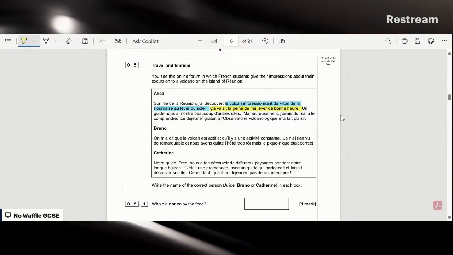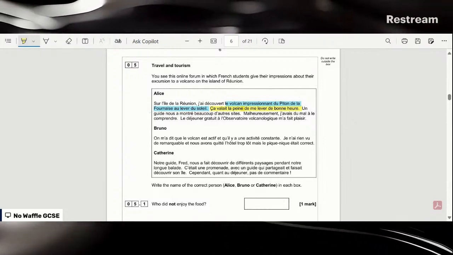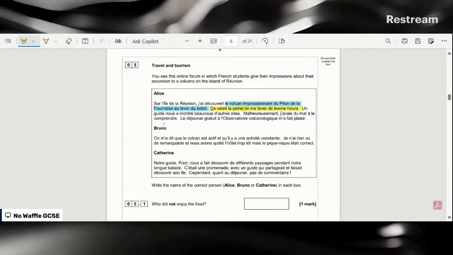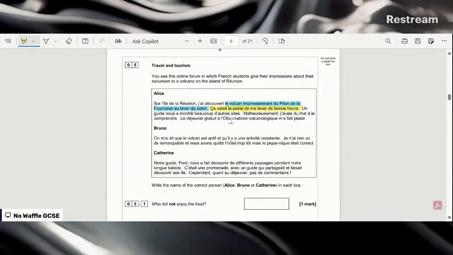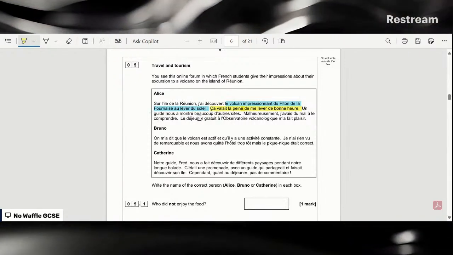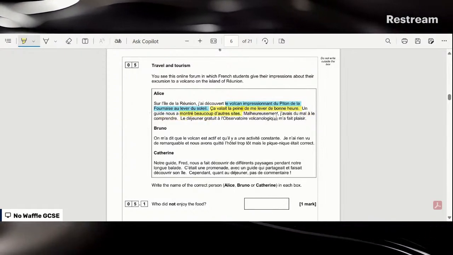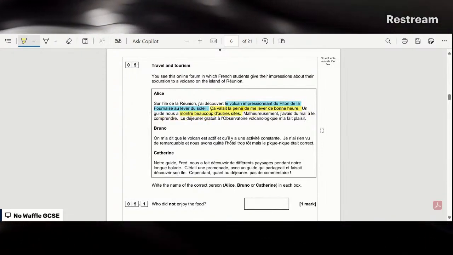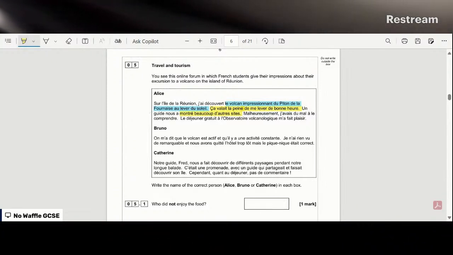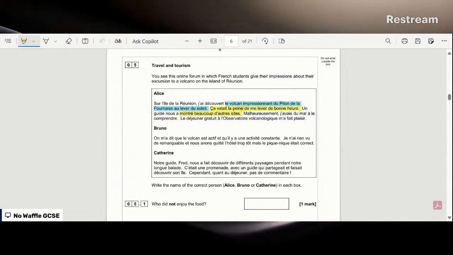Un guide nous a montré beaucoup d'autres sites. So our guide says a guide was that we watched it often. So it was shown a lot, this sunrise. Malheureusement, unfortunately, j'avais du mal à le comprendre.